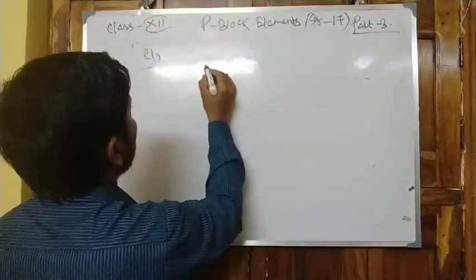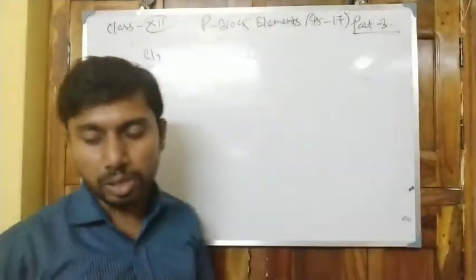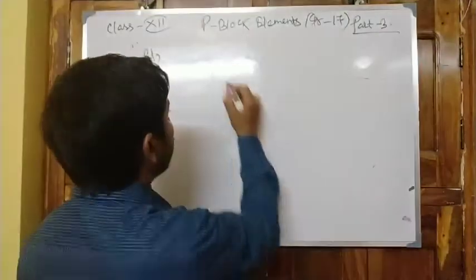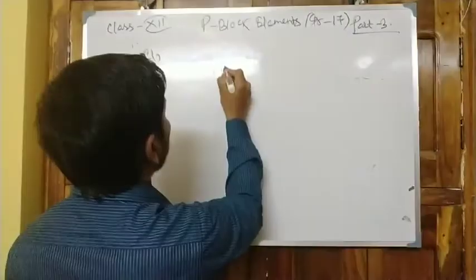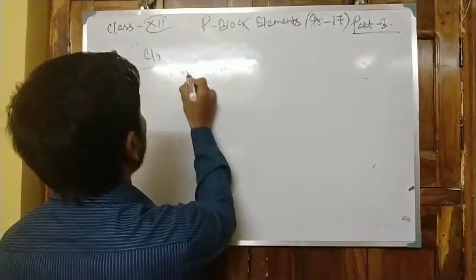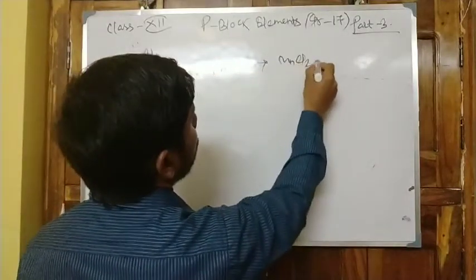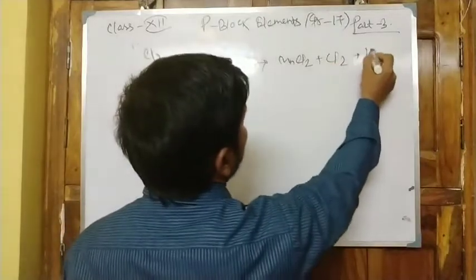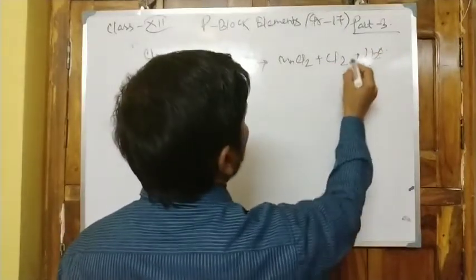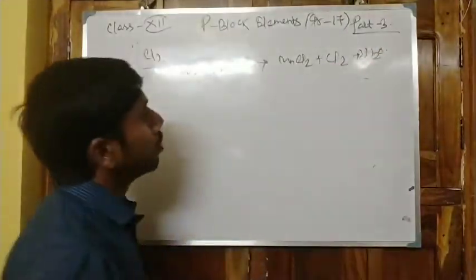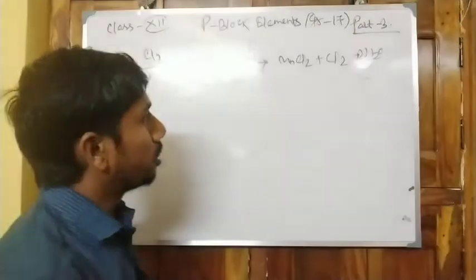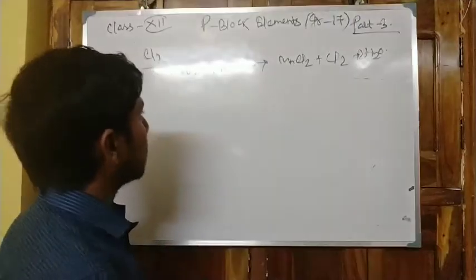In the laboratory, MnO2 plus 4HCl gives MnCl2 plus Cl2 plus 2H2O. It is the laboratory preparation of chlorine gas.